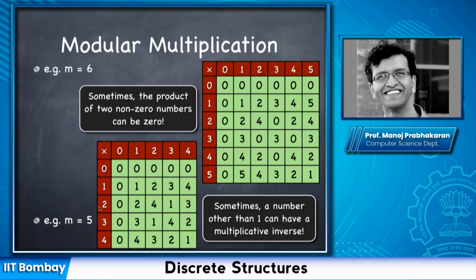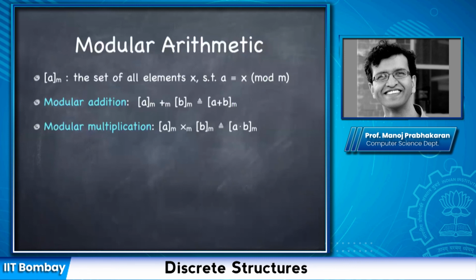But here, I have 2 times 3 is 1, and all of them other than 0 have multiplicative inverses. So that's a very unique property that modular multiplication has that differentiates it from standard multiplication of integers.